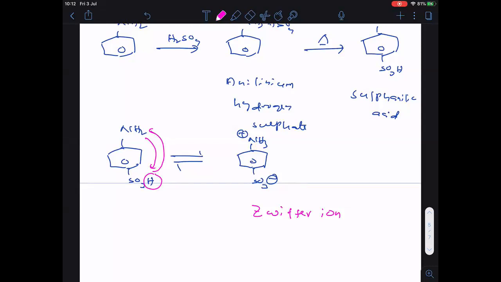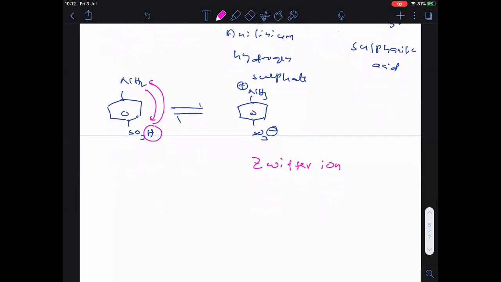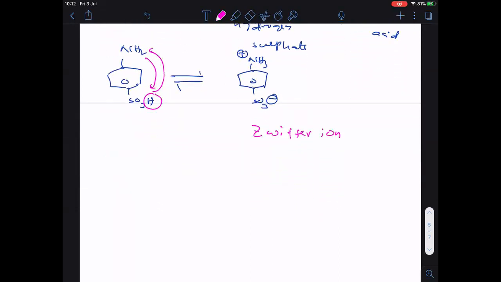In chemistry it is not that much depth. Is it clear everyone? Zwitter ion. The ion formed due to the transfer of H plus ion from one position to other is called as the Zwitter ion. Followed everyone?